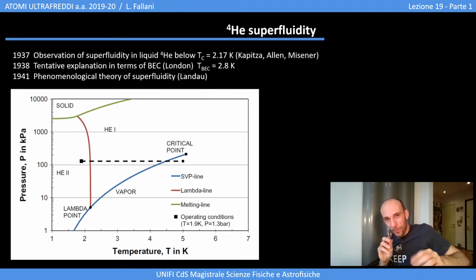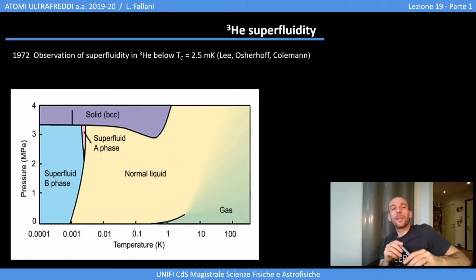Much later, so in the 70s, superfluidity of helium-3 was also discovered. So it was observed that also helium-3, that is a liquid of fermions, can become a superfluid when you cool this liquid below a temperature that is on the order of 2 millikelvin.